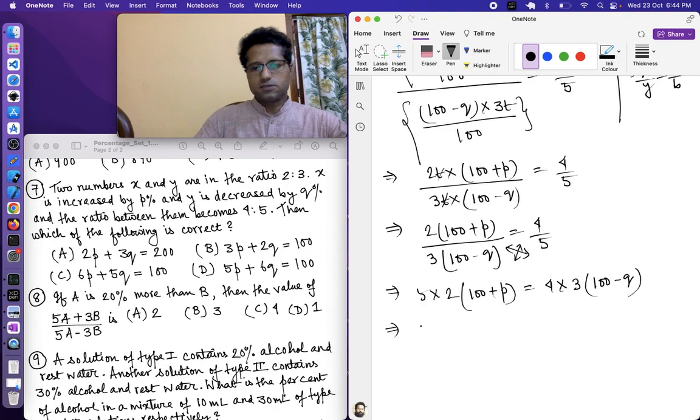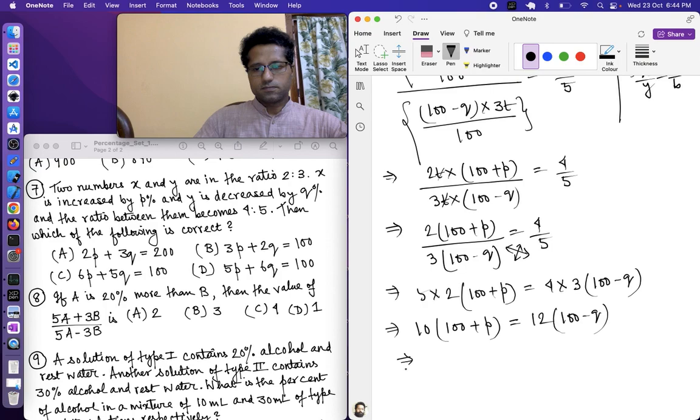Now this implies 5 into 2 is 10, so 10 into (100 plus p) is equal to 12 into (100 minus q).